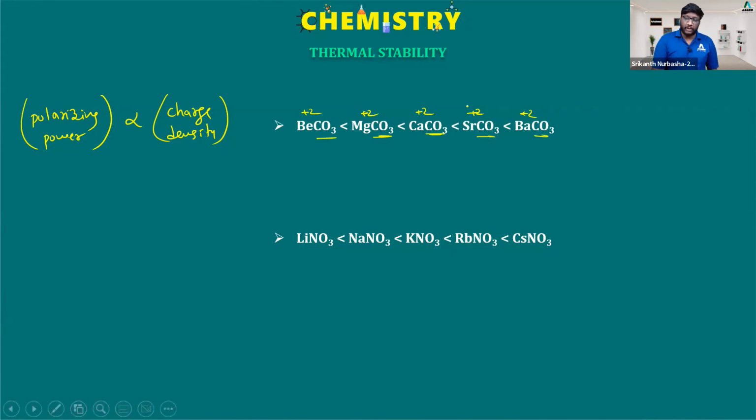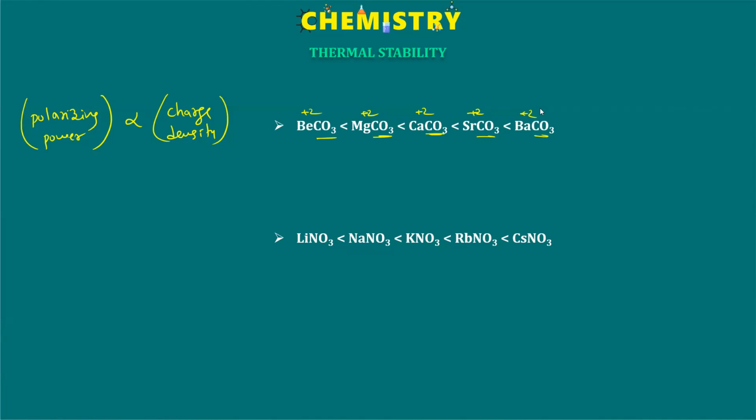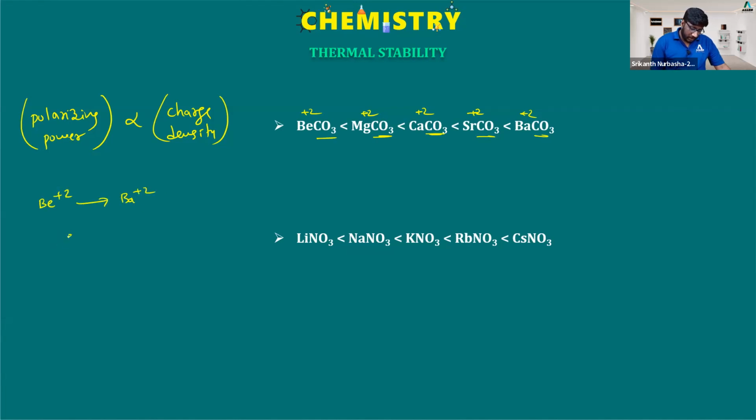So thermal stability is inversely proportional to polarizing power. Charge is the same everywhere, so you have to compare with respect to size. Where is the size going to be larger? Ba plus 2. Large size means obviously small polarizing power. From Be plus 2 to Ba plus 2, what happens?